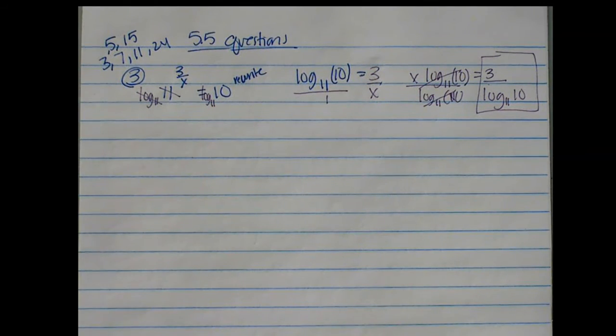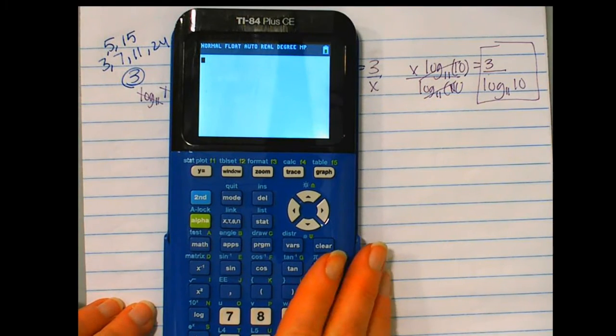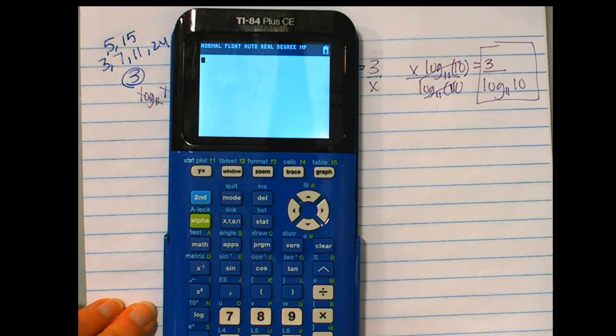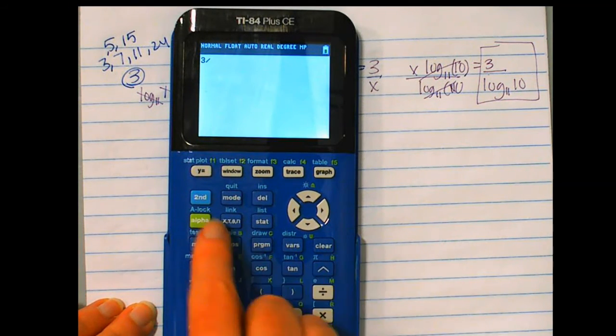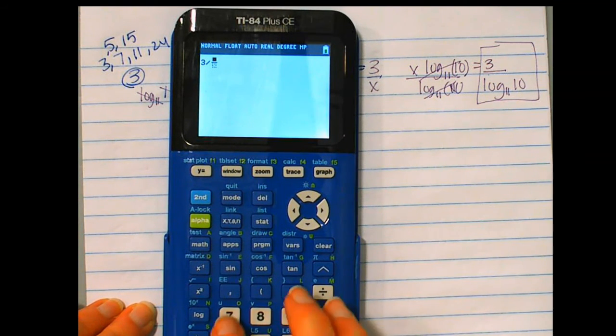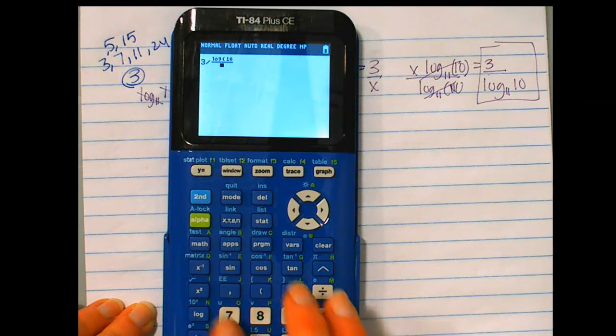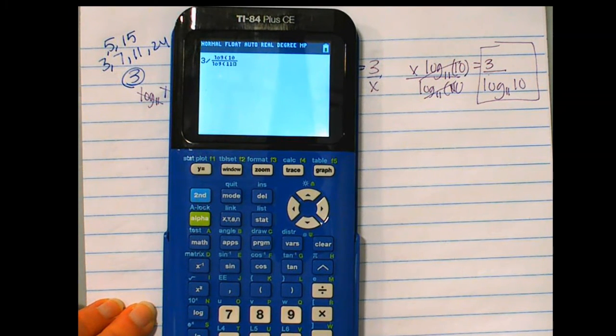For most of us, putting it in the calculator, we're going to write that log with the base 11, but I'll show you how to do it with a change of base as well. So if we said 3 divided by a fraction, I can make this log of 10 over log of 11.